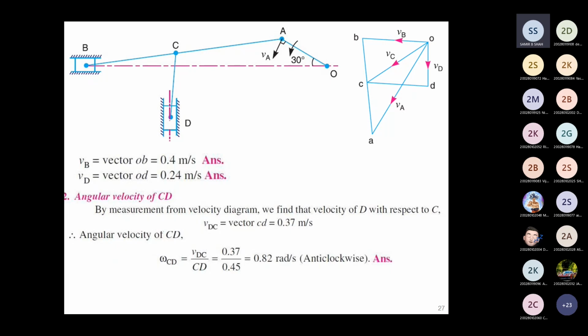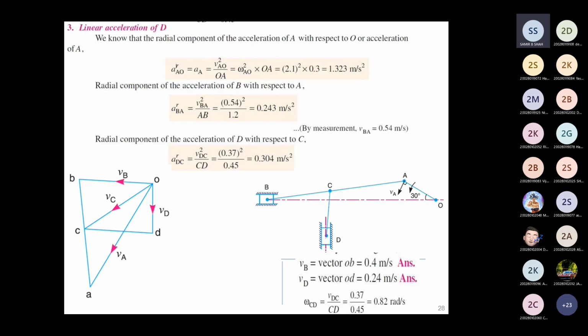So we find the radial part of CD is equal to V square CD divided by CD, and the length of CD is 0.45. So I'm getting 0.304. So these are the 3 dimensions which you are getting.